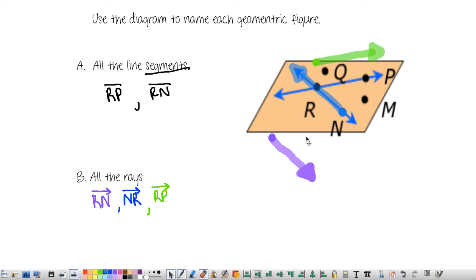Again, that's not the only ray we have because it is different going from R to P than going from P to R. In this case, look, we have the arrow that indicates that it goes on forever here. It goes this way. So here we have ray PR.